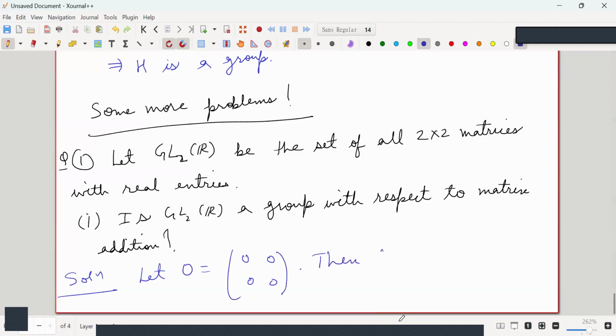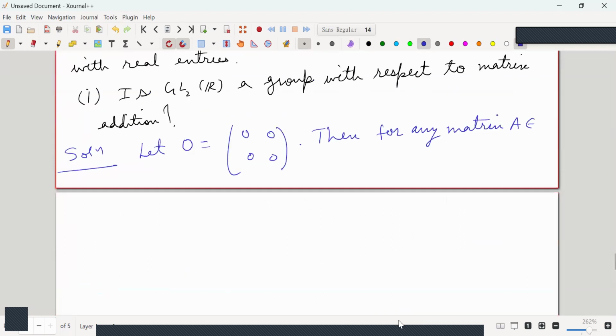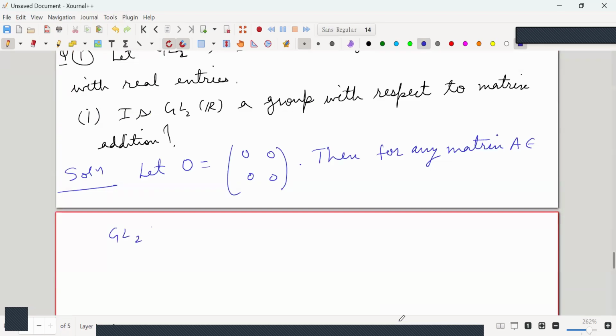Then for any matrix A belongs to GL2R, A plus, this plus is matrix addition, this is same as 0 plus A, and that is A.